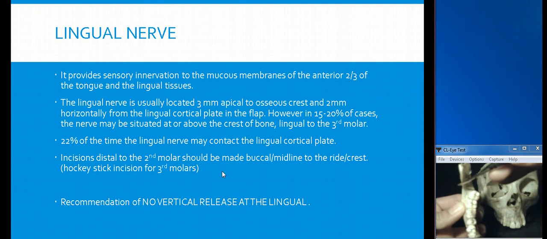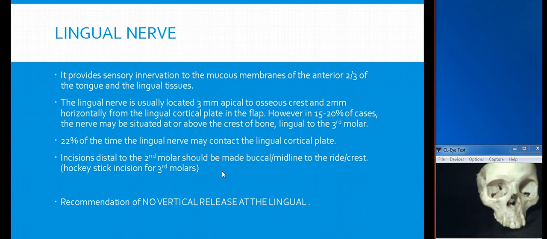So it kind of comes out at the buccal, a little hockey stick, straight down in this area, and we never cross this midline and go in the lingual part because of the lingual nerve. 20%, 22% of the time, the lingual nerve may contact the lingual cortical plate. So think about it. If it's in contact 22% of the time at the lingual cortex, then you have to be careful about perforating the lingual cortex.